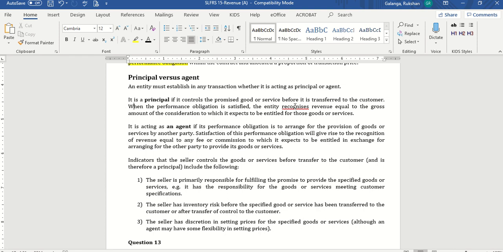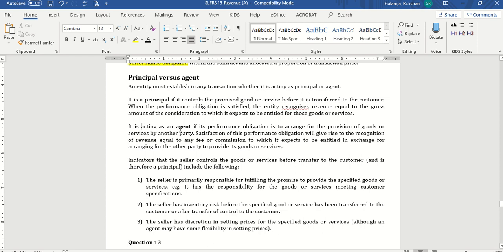When the performance obligation is satisfied, the entity recognizes revenue equal to the gross amount of the consideration to which it expects to be entitled for those goods or services. In our example, Softlogic is the one who promised to deliver the goods to the customer. In that case, Softlogic should recognize the revenue of the mobile phone once they deliver the goods to the customer, right?